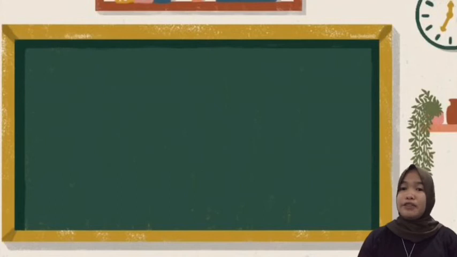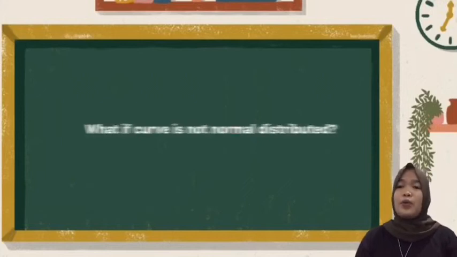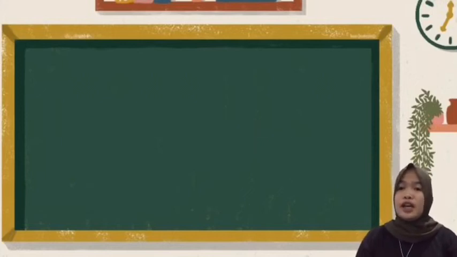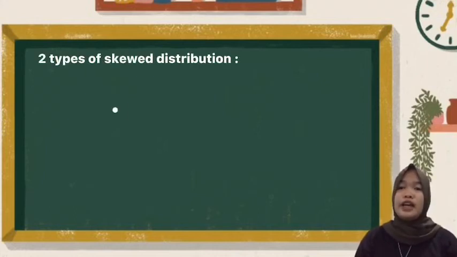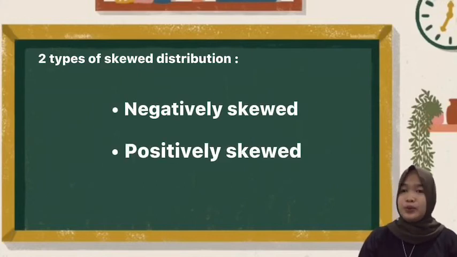Now, what if the curve is not normally distributed? Meaning, it is skewed. So, meaning the congregation of the scores is on the sides. Now, when it comes to the skewness of the curve, we have two types. We have what we call the negatively skewed and the positively skewed.